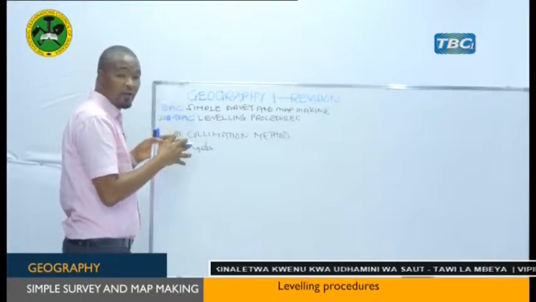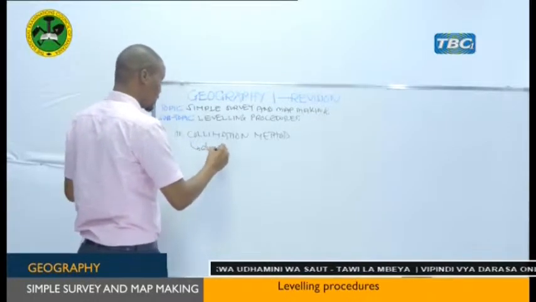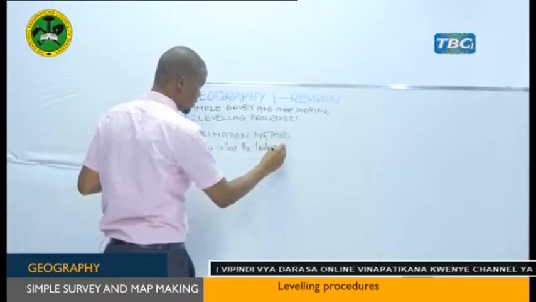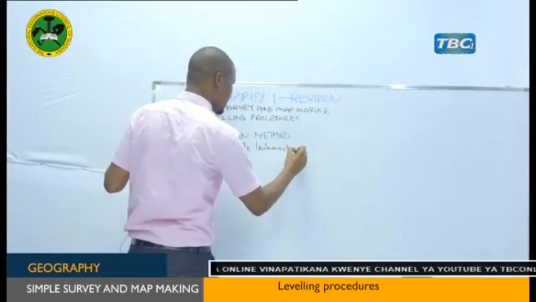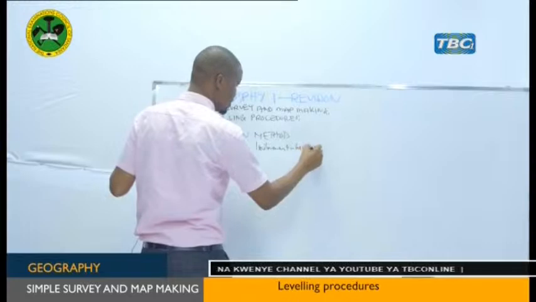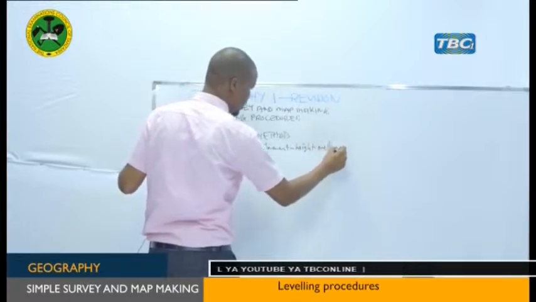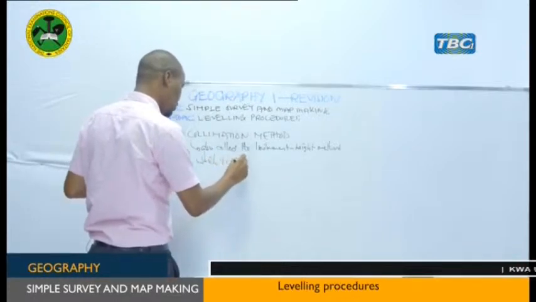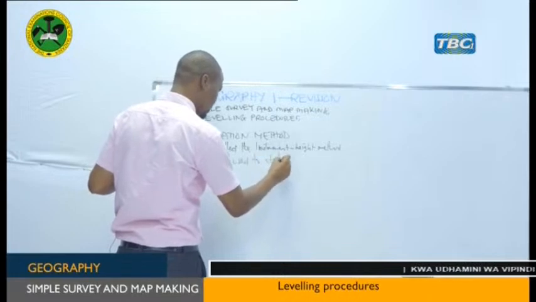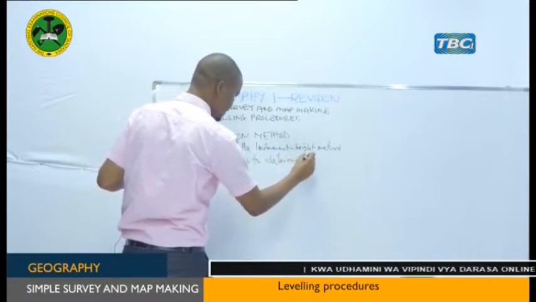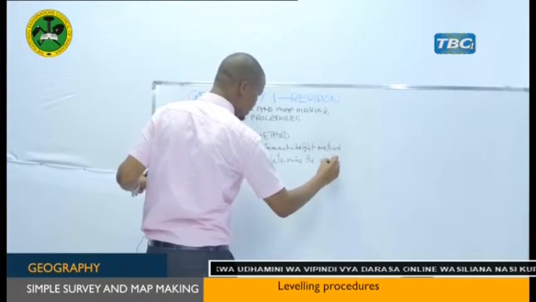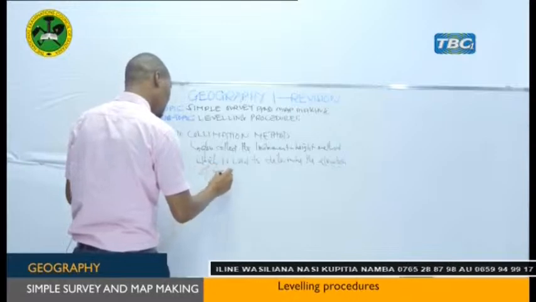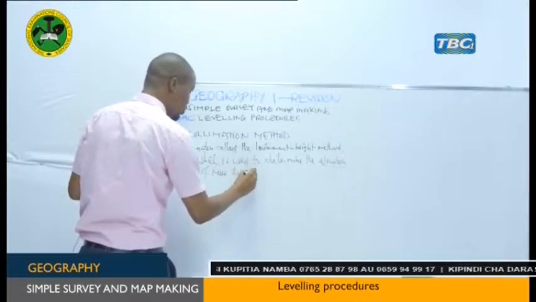The collimation method is also called the instrument height method, which is used to determine the elevation of more than 2 points.